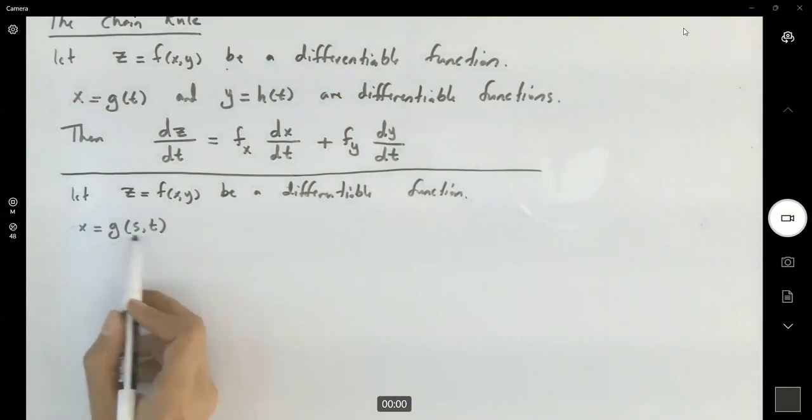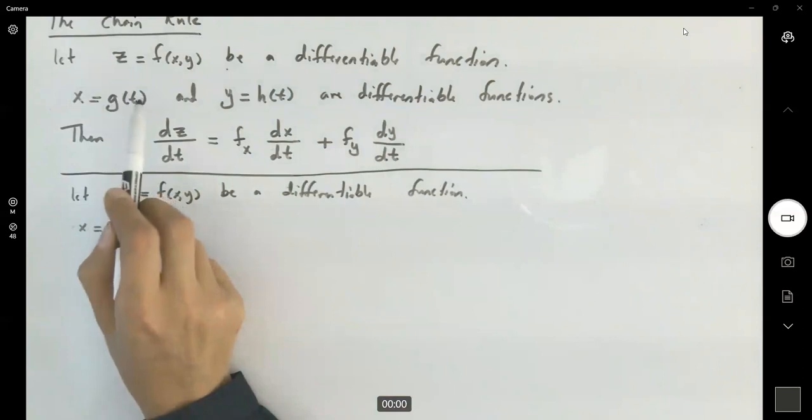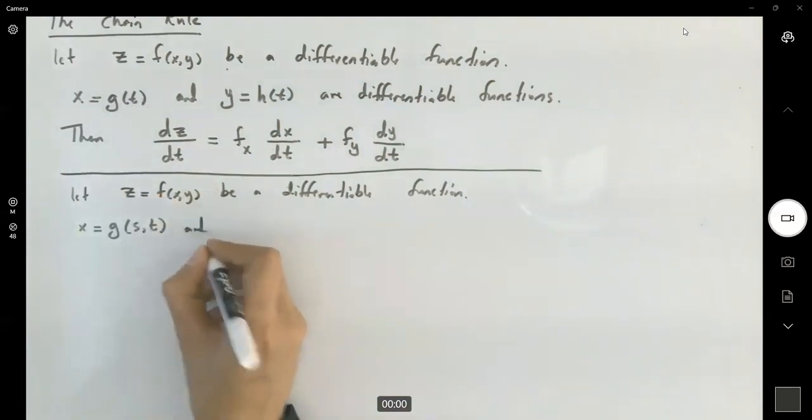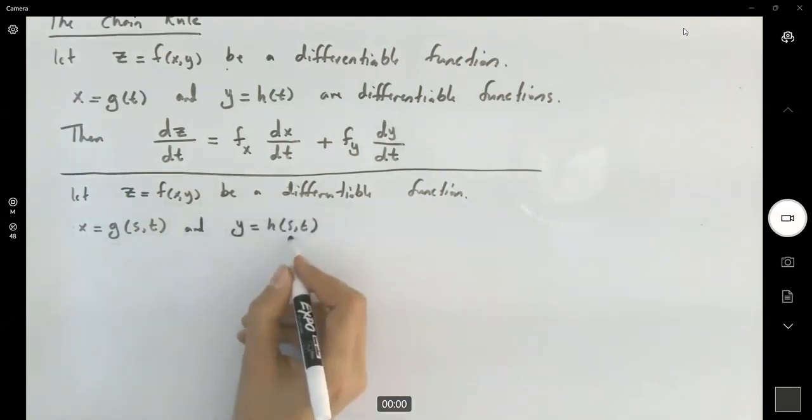Guys, note that I'm adding a new variable. In previous case, you only had one variable. Now I'm adding a new variable s. And also y is h of s and t. I'm introducing a new variable.